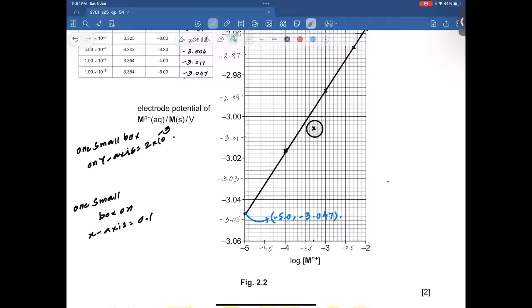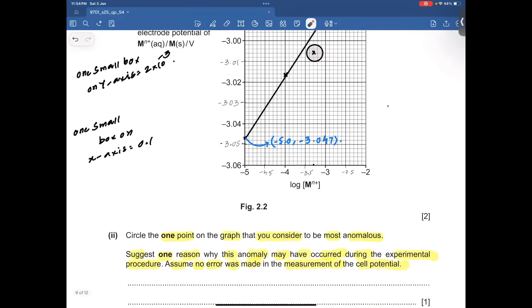Most likely this point is at minus 3.3, when the concentration is 5.0 into 10 to the power minus 4. Okay.